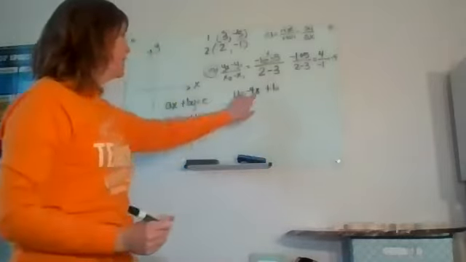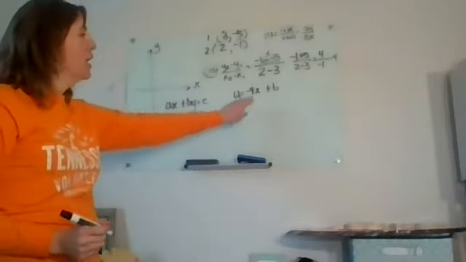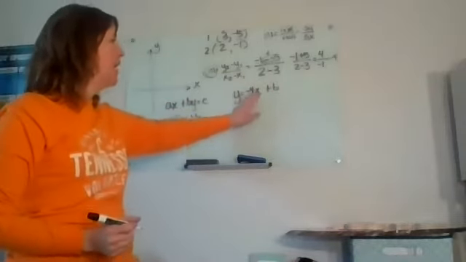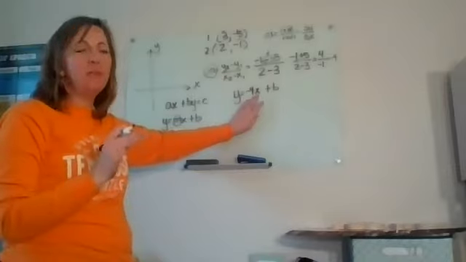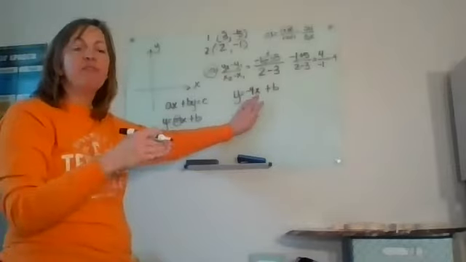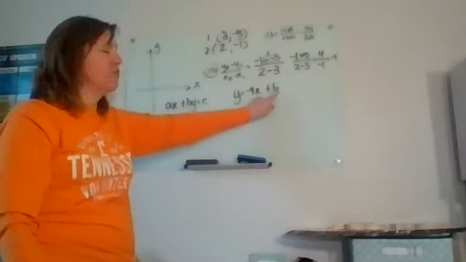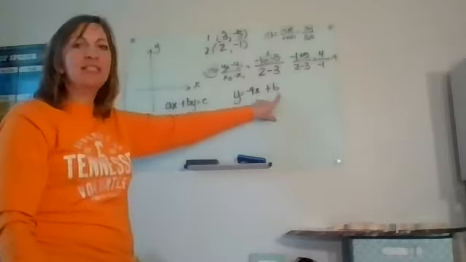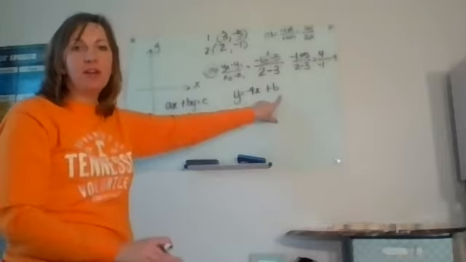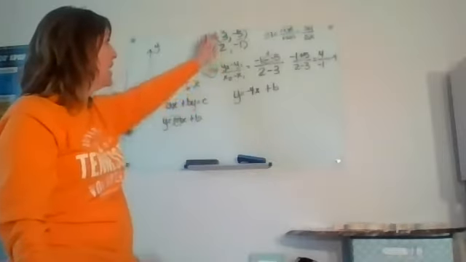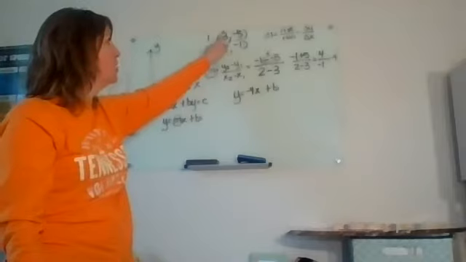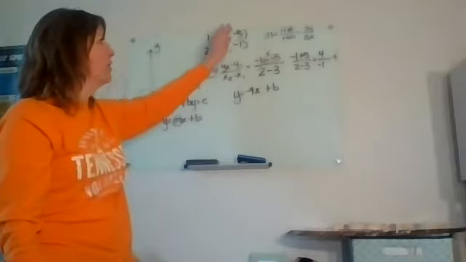Well, my dilemma is I have 3 unknowns, x, y, and b. Now I know that my slope at any point in this line is down 4 over 1 because we figured out that was my slope. Well, in order to find what my y-intercept is, this statement will be true at any point on this line. So I can take either of these 2 points and use the x and the y for one of these points.